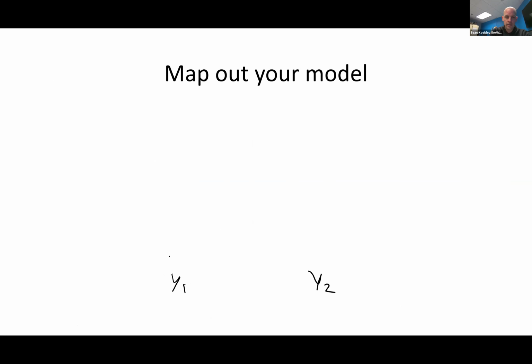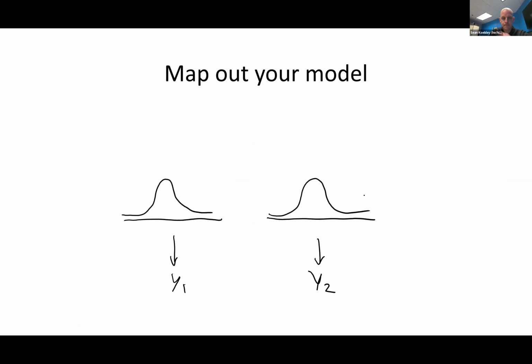Again, that data looked normally distributed to me, so I'm going to say that the data were derived from two normally distributed populations. I'm just going to list out the parameters included in those distributions. Each one has a mean and each one has a standard deviation.